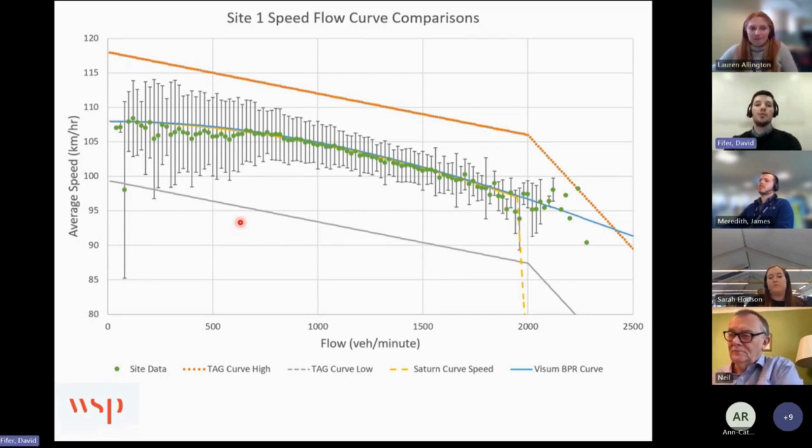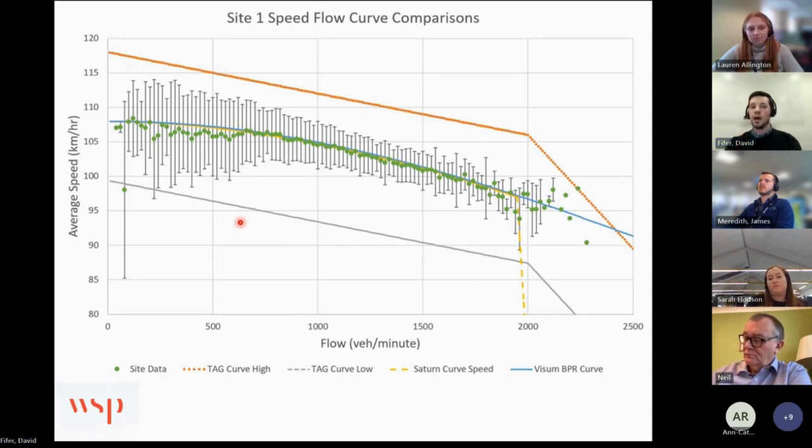I think there's definitely going to be evidence to suggest that the parameters used in the current software need to be redefined. And looking at this, you would probably say that the TAG curves need to be updated and perhaps brought in line with the software packages, given it's unlikely that the software will be able to change to fit this data, whereas it's probably easier to redefine the theory curves to fit this data.